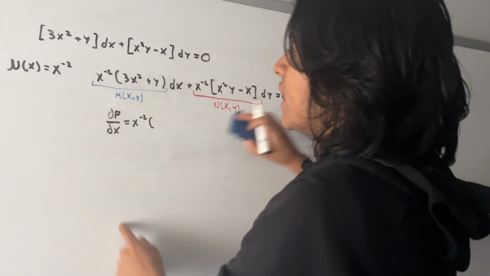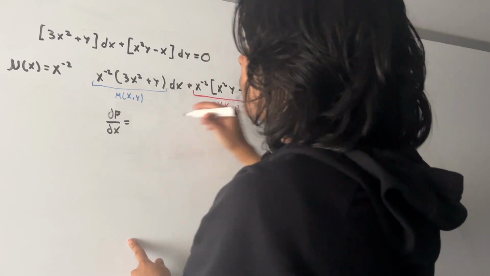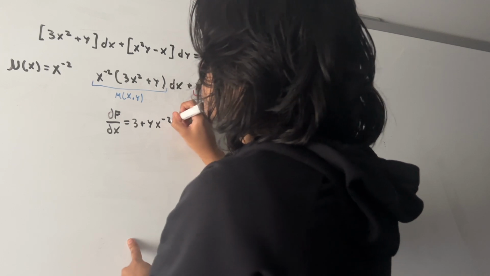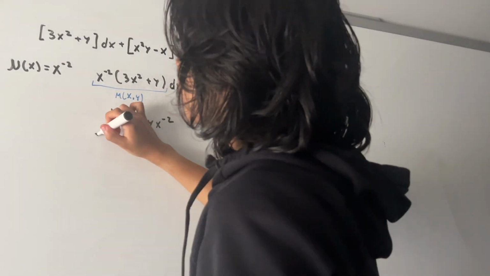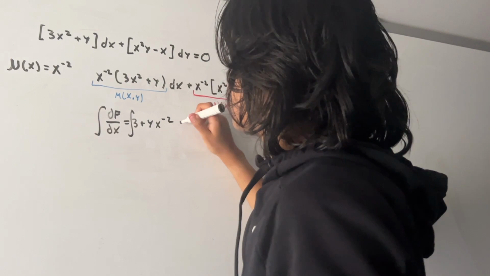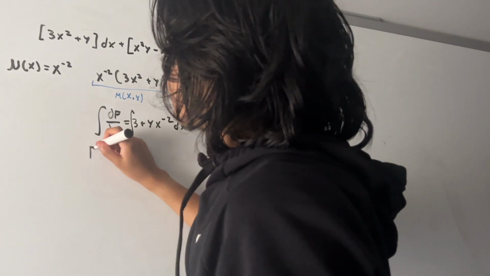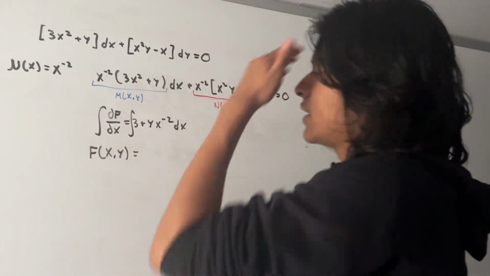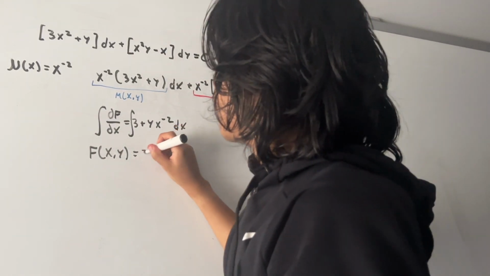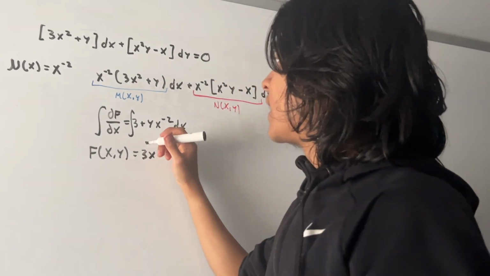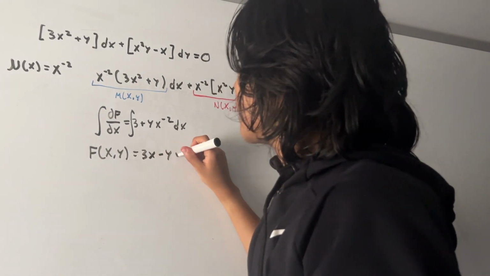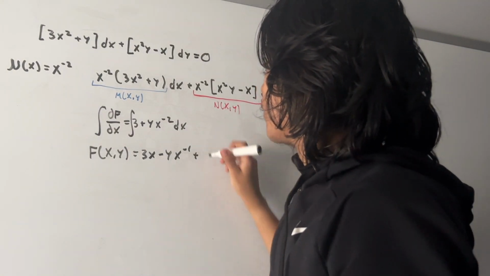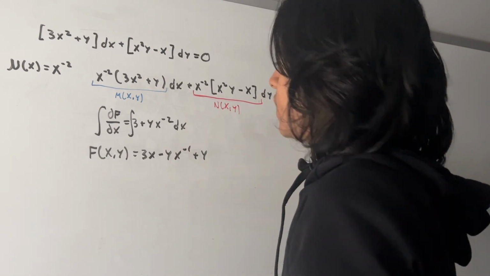Really, when we substitute that in, we get 3 plus y x to the -2, and here we could just integrate with respect to x. So our function of x and y is going to be 3x, and then doing this we get minus y x to the -1. And then right here we also have some function of y.